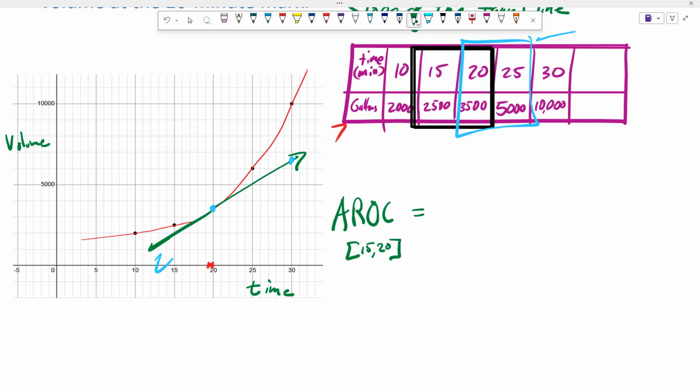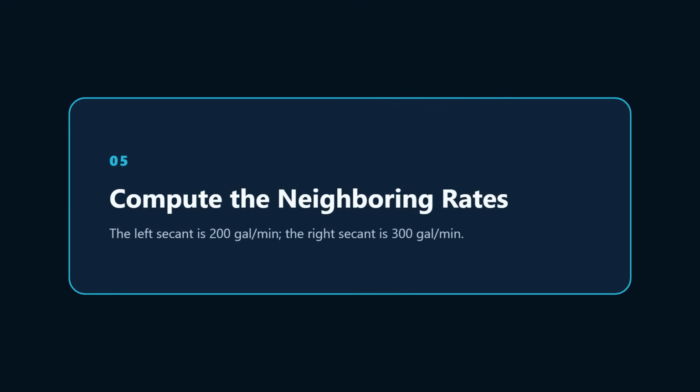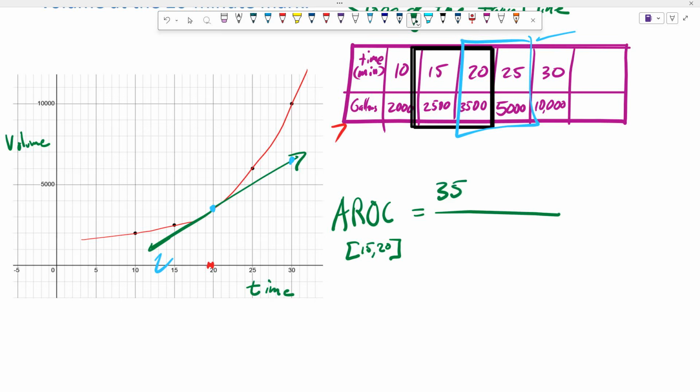So that's going to be what? 3,500 minus 2,500 over 20 minus 15. And it's 200. Is that 200? And what are the units for this number 200? Gallons and minutes. Each of these were gallons. Each of these were minutes.